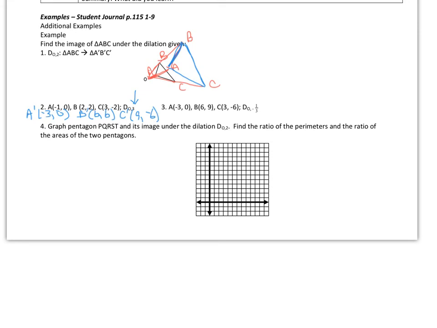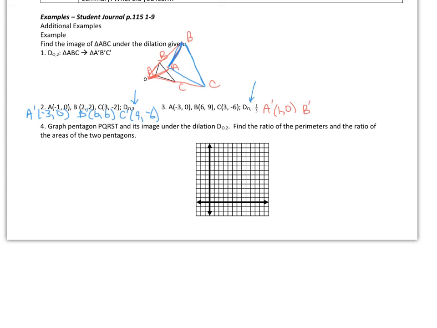For the next one, the scale factor is -1/3 about the origin. So let's just do another color here, and we will have A prime, and that will be -1/3 times -3, which gives me (1, 0).